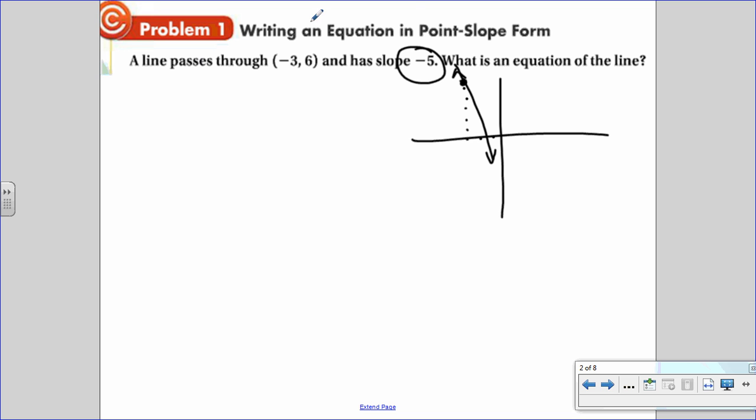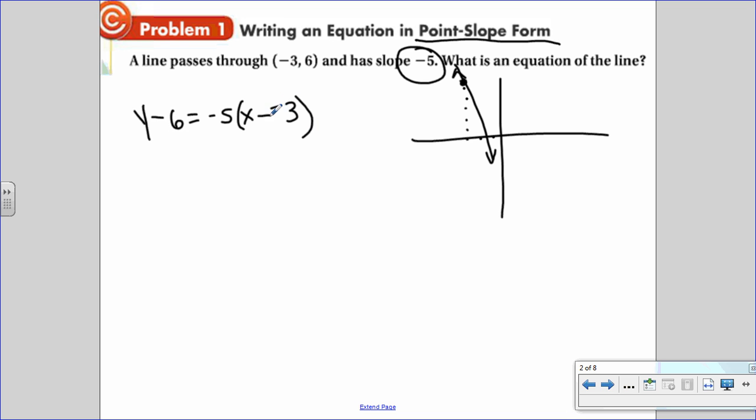We're writing it in point-slope form, so that's y minus y1, where y1 is 6, equals the slope, which is -5, times x minus x1, which is -3. Now this is very important.